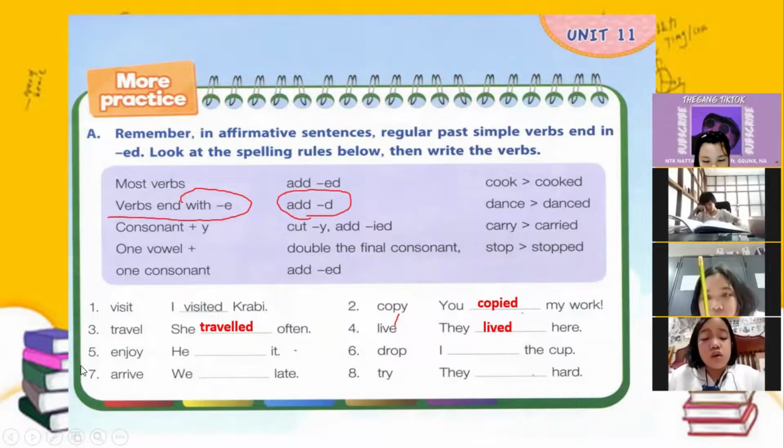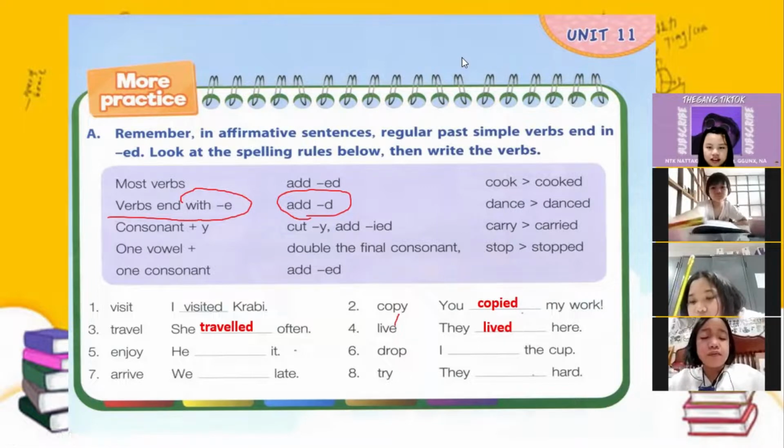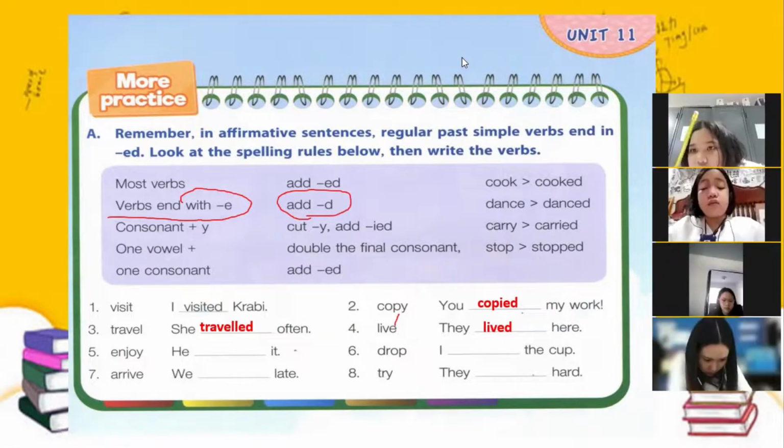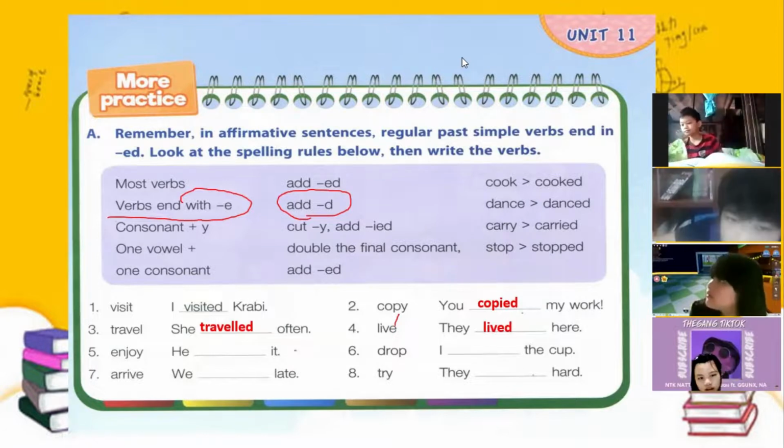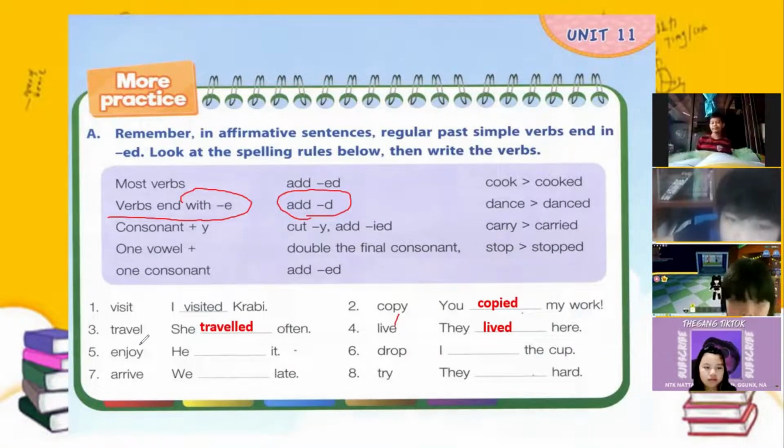Okay, now number five, enjoy. How are we going to change enjoy? Lily, can you tell me which rule we are going to apply here? Enjoy.